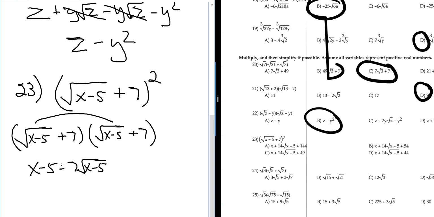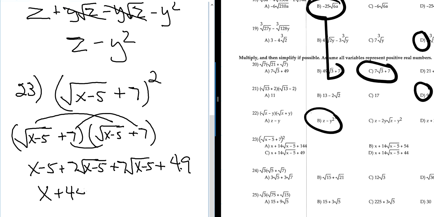Why do I have a minus there? It's plus. And inside is plus 7 square root of x minus 5. And last is 49. So I have like terms of 49 minus 5. So I'm going to have x plus 44 plus 14 square root of x minus 5.